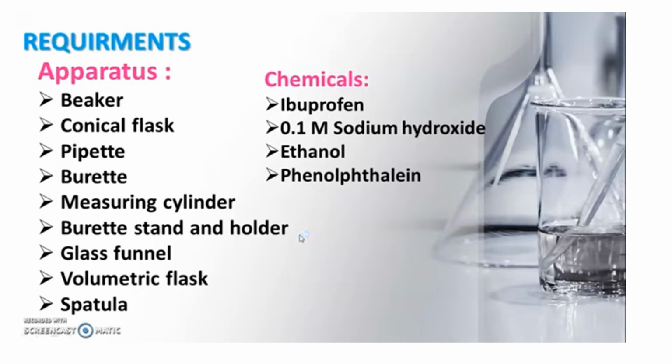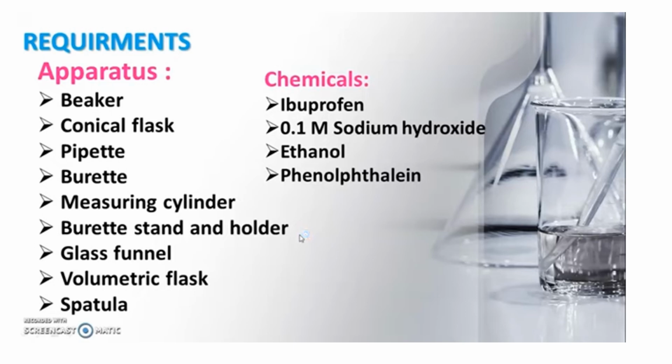The important chemicals for this experiment are the ibuprofen tablet, which is obtained from a commercial drugstore, and 0.1 molarity sodium hydroxide, which can be prepared and previously standardized by the experiment. And the ethanol, which is pure ethanol, almost 96% to 99%.